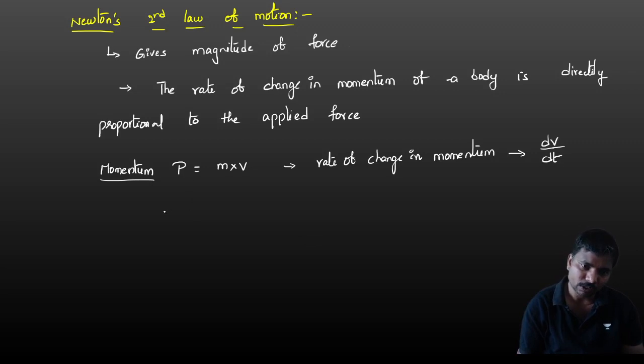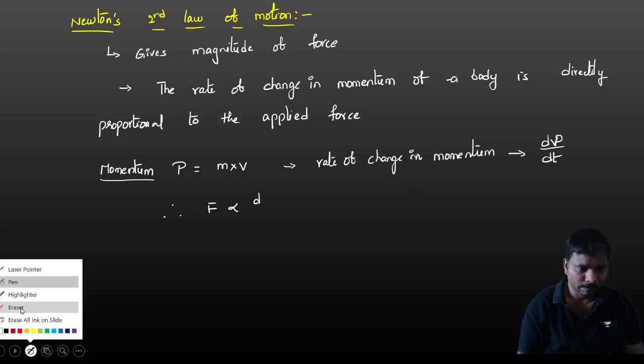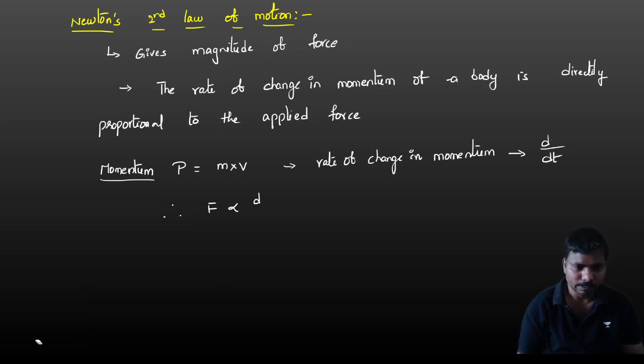So according to the second law, applied force is proportional to dp by dt, momentum denoted with p. Okay, so dp by dt is proportional to d by dt of mass into velocity.